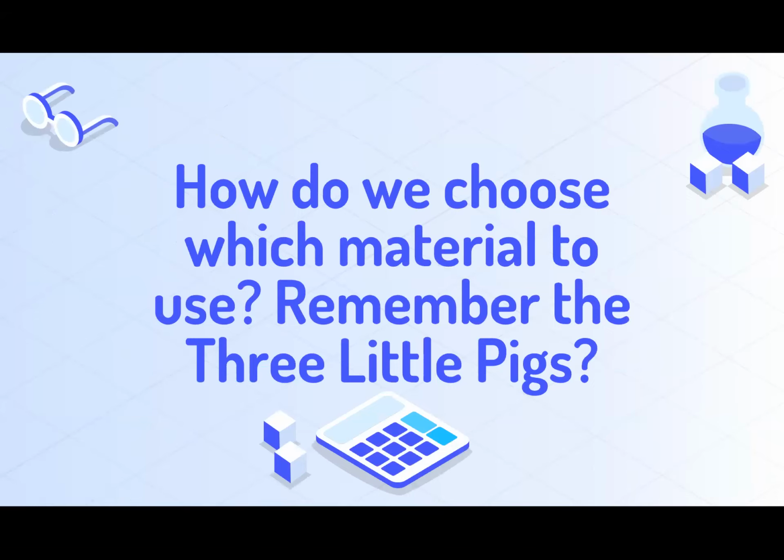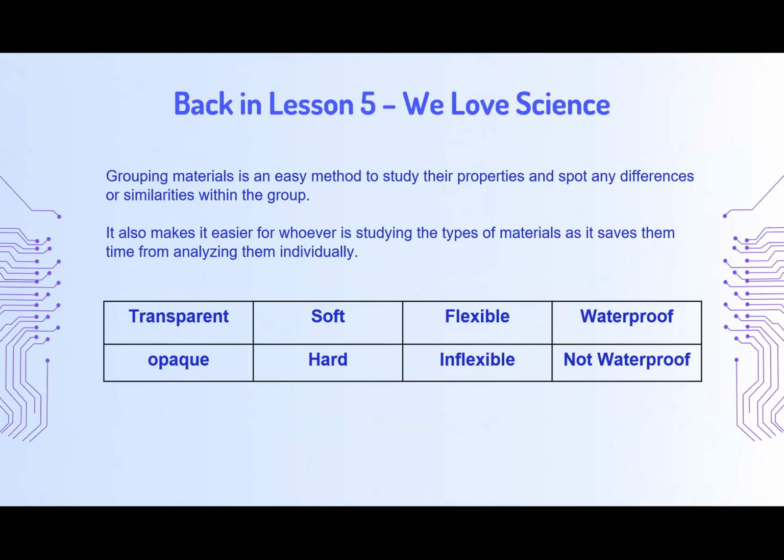So how do we choose which material to use? Well, if you were in the previous lesson, at lesson 5, remember the 3 pigs. The 3 pigs trying to build a house. One chose the hay, one chose the wood straw, one chose the brick. So back in lesson 5, the pigs basically categorized the materials and chose based on the pig's laziness and the areas of what they want to achieve.